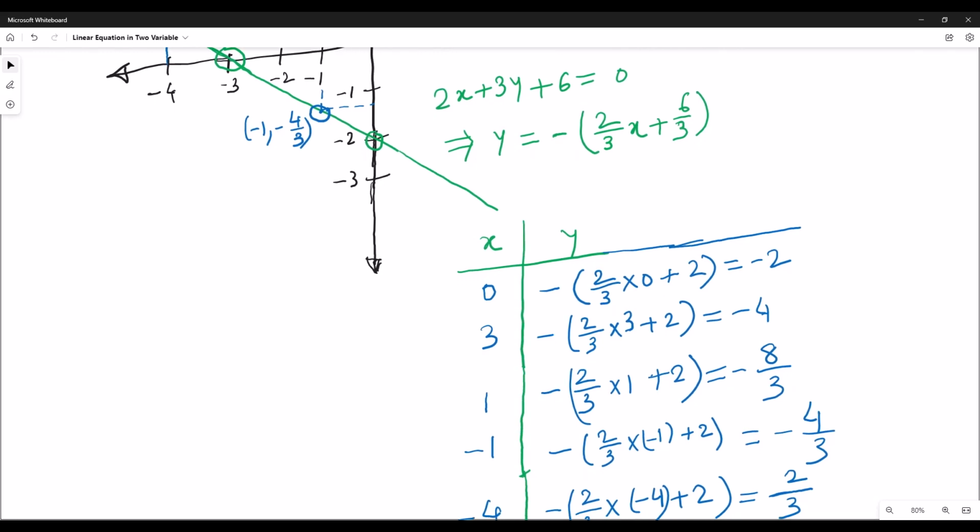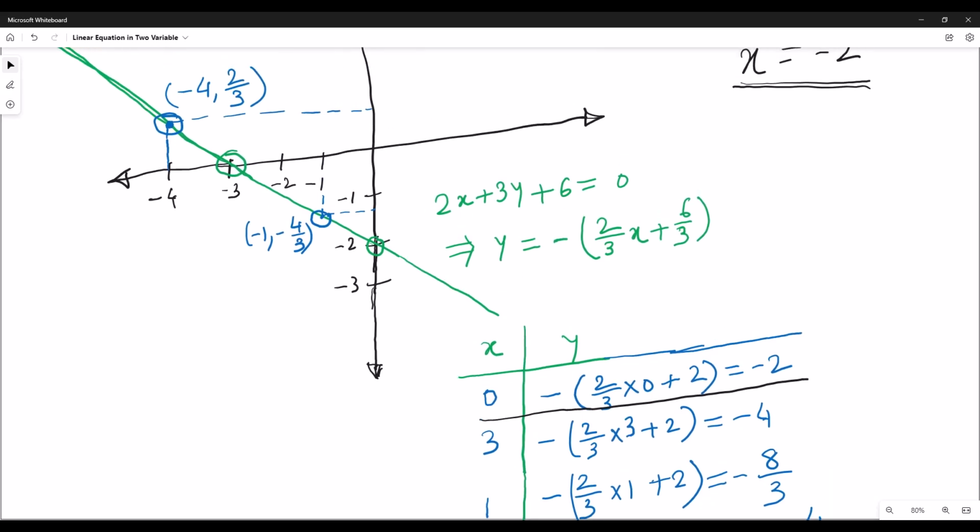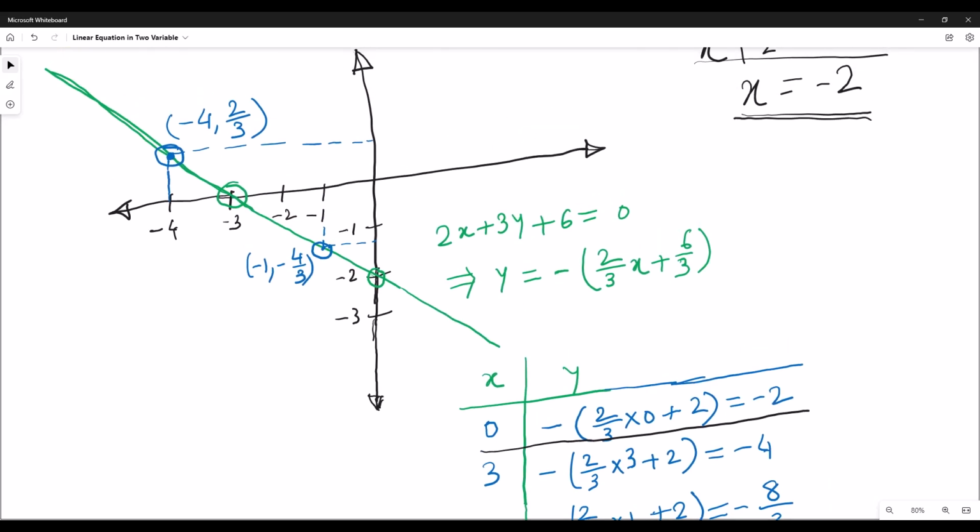We saw that for x equals 0, y is minus 2. The equation is 2x plus 3y plus 6 equals 0. So we can write this equation as y equals minus 2 by 3 x minus 6 by 3, right? So you replace x with different values and you get the value of y.